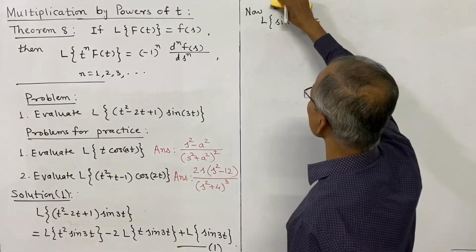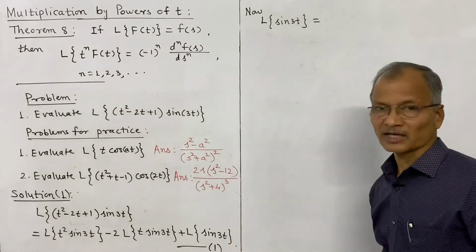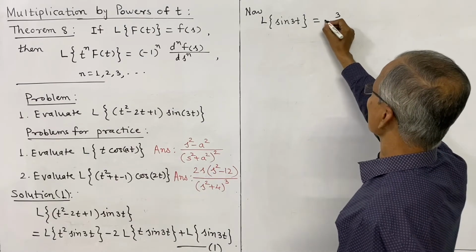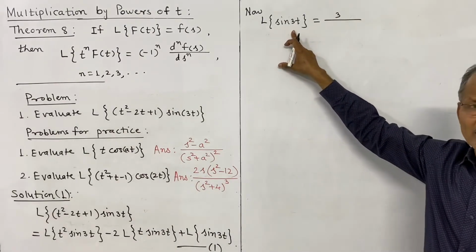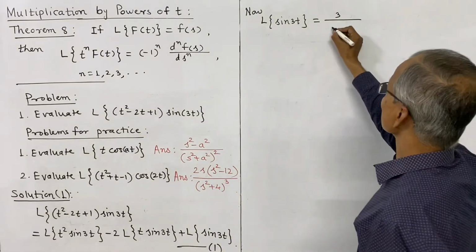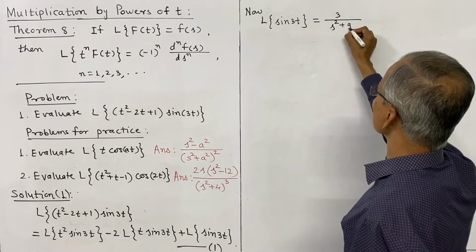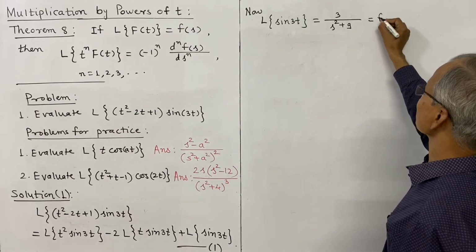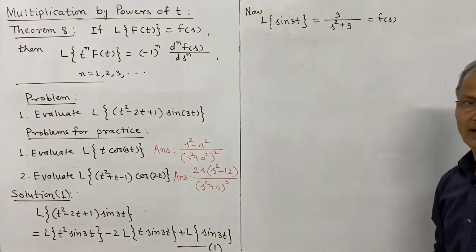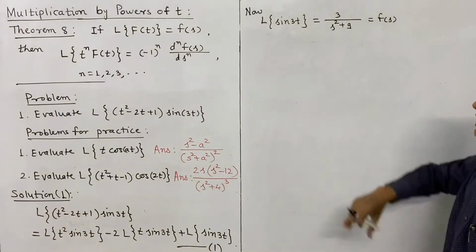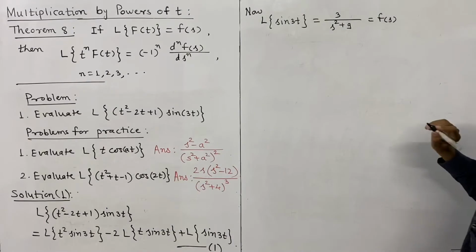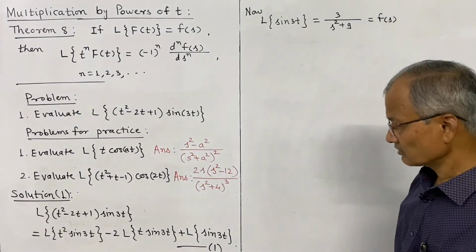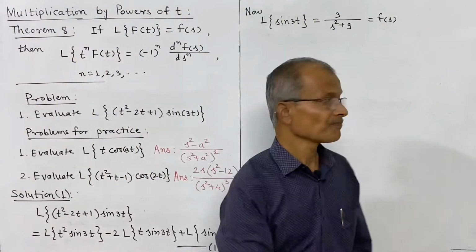L of sine 3t, by formula, is L of sine at, a divided by s square plus a square, that is 3 divided by s square plus 3 square, which is 9, and this we shall assume as F of s, because this will be our f of t. And now we will consider this transform L of t into sine 3t using this theorem.